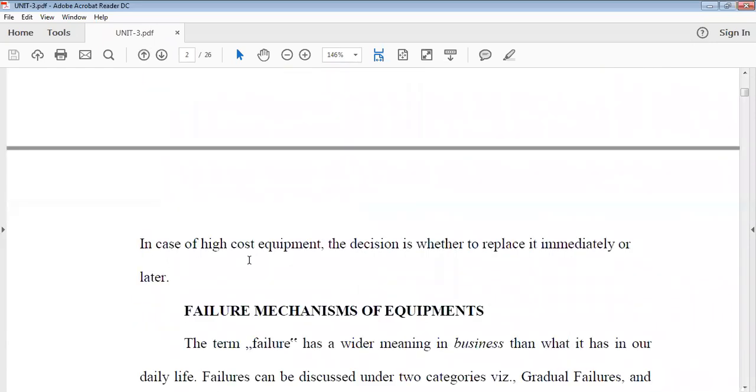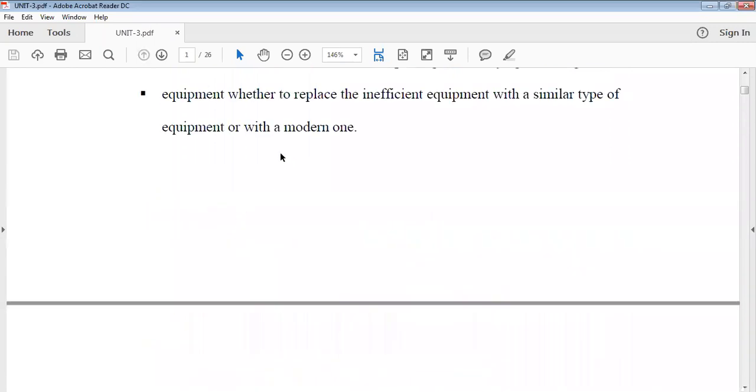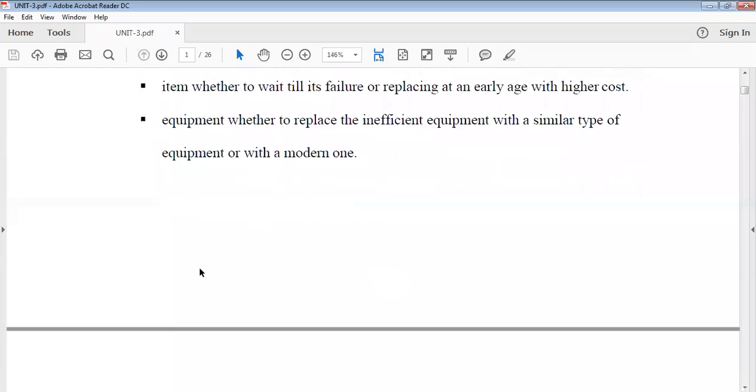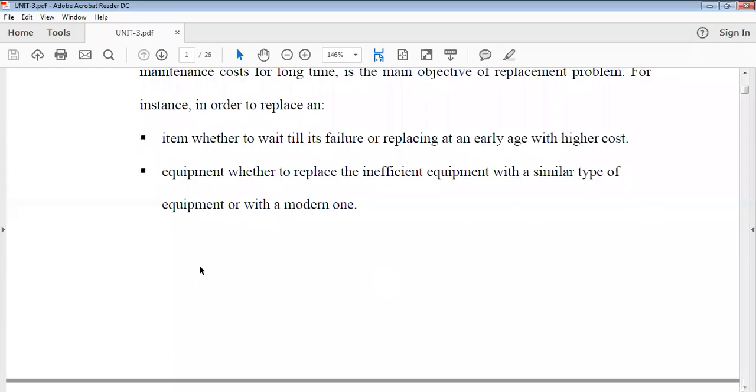In case of high cost of equipment, the decision is whether to replace it immediately or after some time. All these things are to be decided.